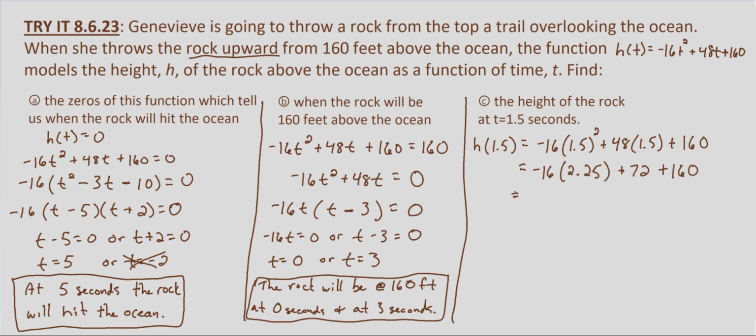Now this equals 2.25 times -16, which is -36. Plus 72 plus 160, which equals 36, plus 160, which equals 196 feet.